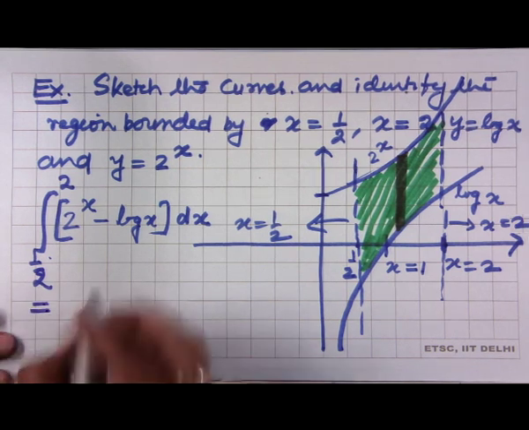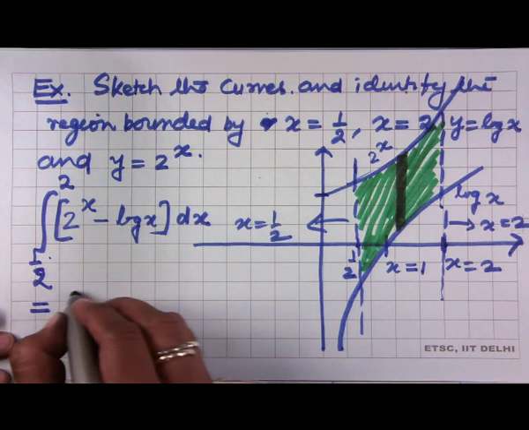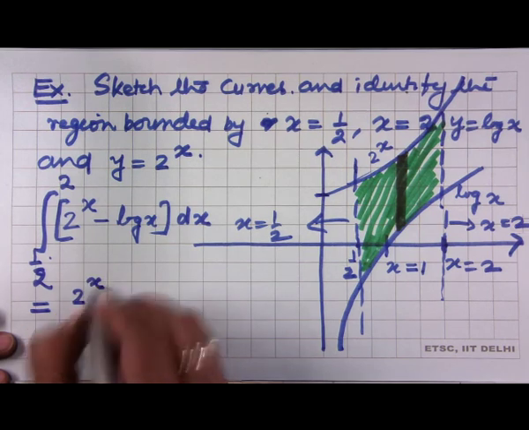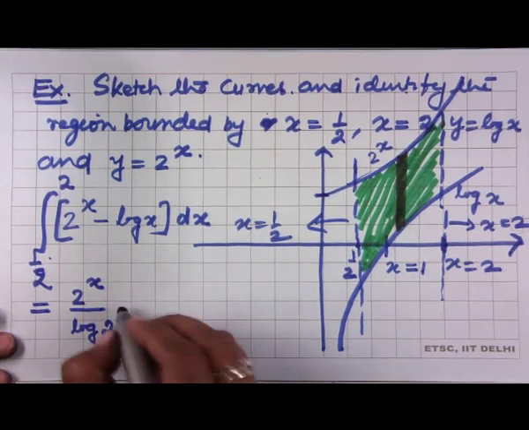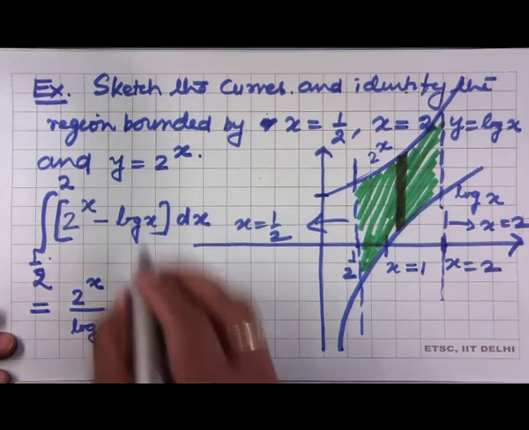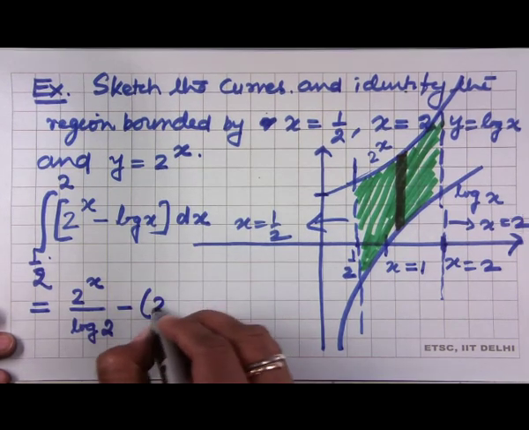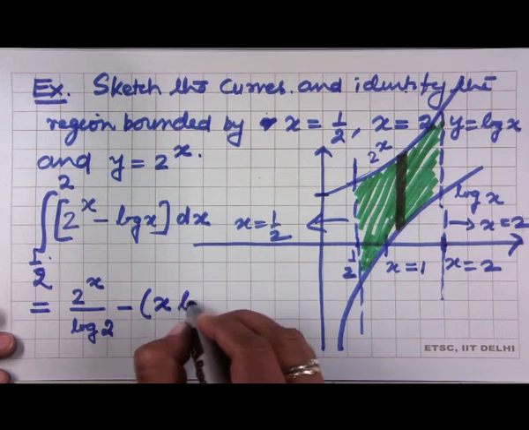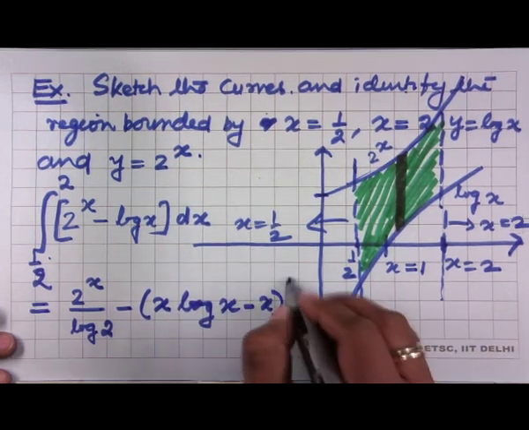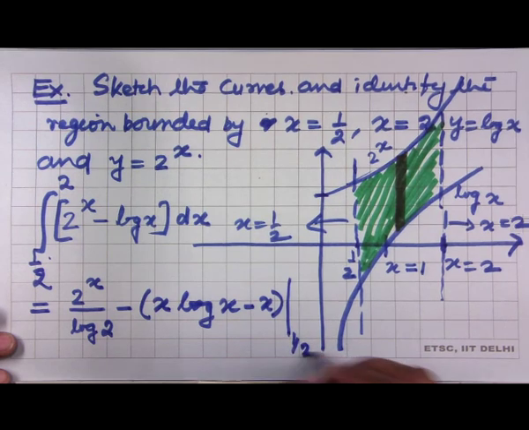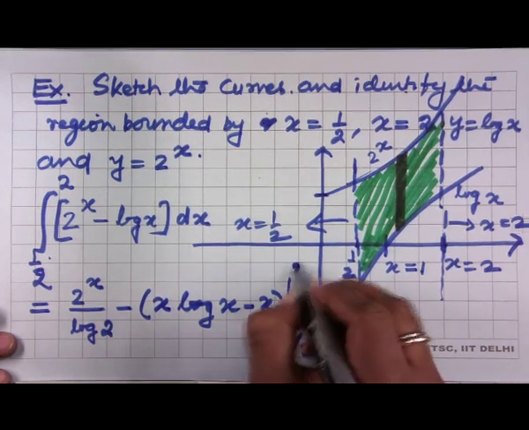So value of the integration will be 2 to the power x by log 2 minus the integral of log x, which is x log x minus x, limit going from half to 2.